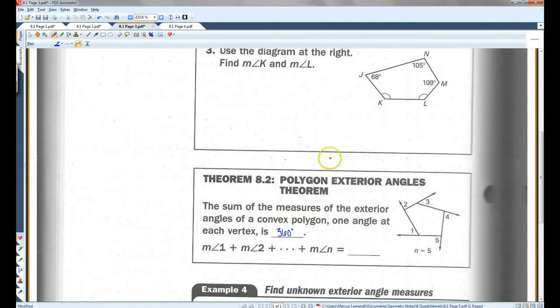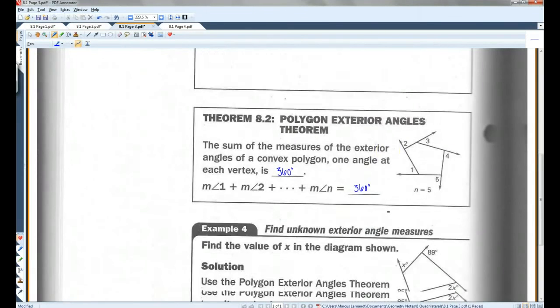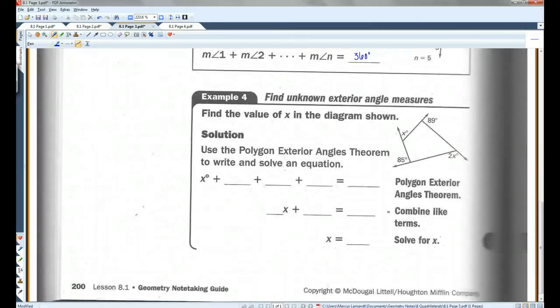This is actually, I think, a much easier theorem to use than the other one, because no matter how many sides a polygon has, all the exterior angles are going to add up to 360 degrees. With the interior angles, you're going to get a different sum depending on how many sides the polygon has, but the exterior angles, always 360. Okay, so for example, find the value of x in the diagram shown. These are all exterior angles, so if I add them all together, I'm going to get 360.